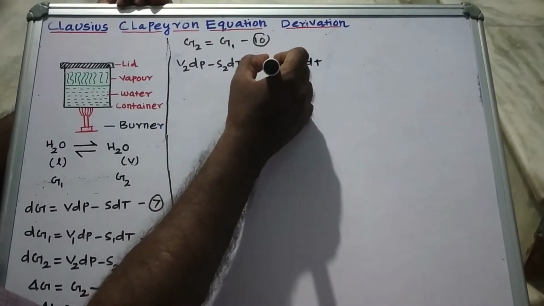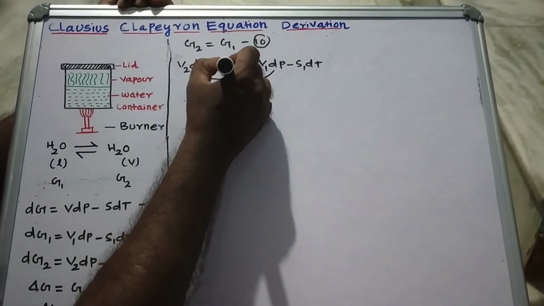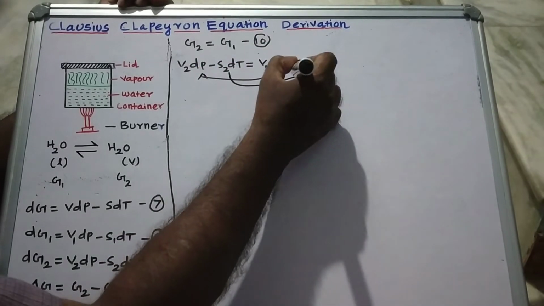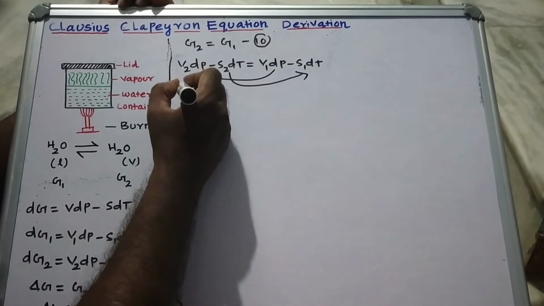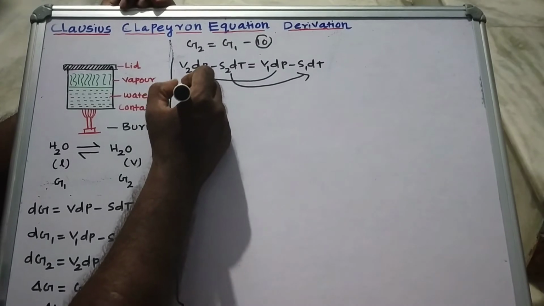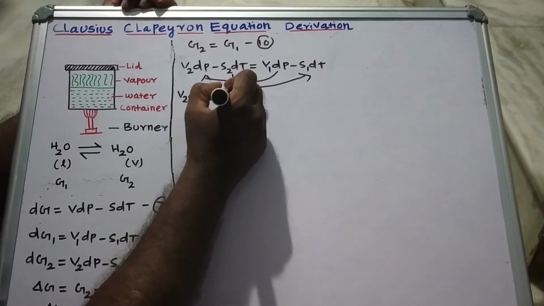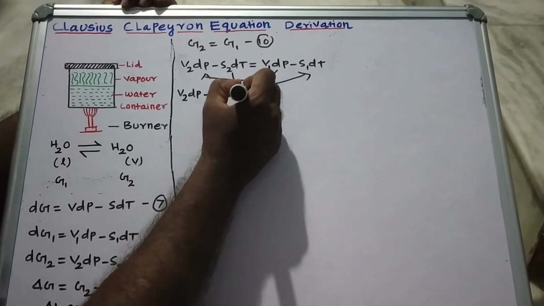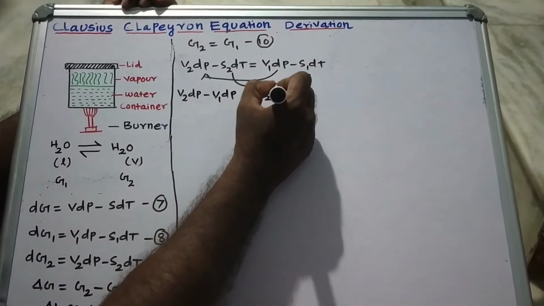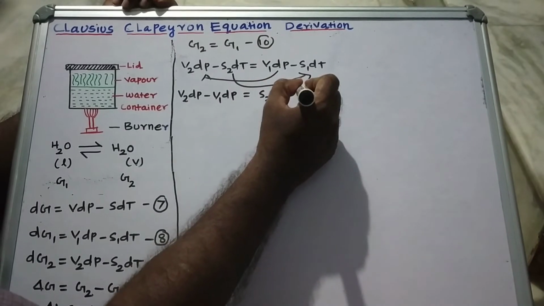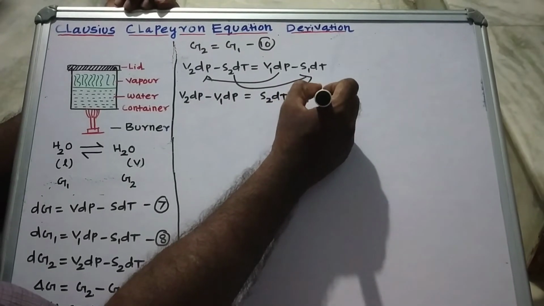Now this comes to this side, and this goes to that side. Then it becomes V2 dP minus V1 dP is equal to S2 dT minus S1 dT.